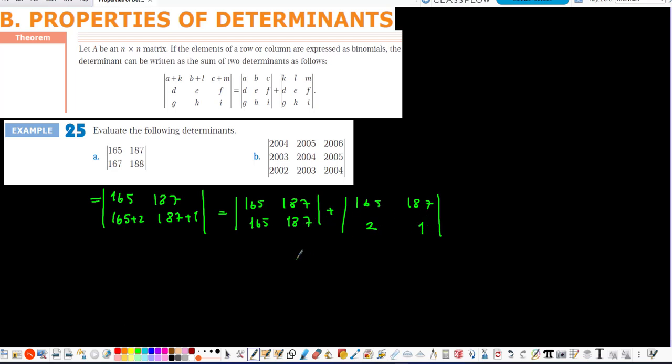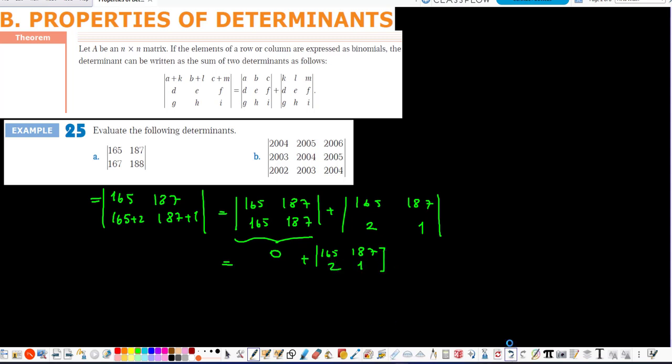Since this matrix, as you see, has rows that are equal to each other, which means that if the rows are identical, then the determinant of this matrix should be equal to 0. So this is 0 plus 165, 187, 2 and 1.